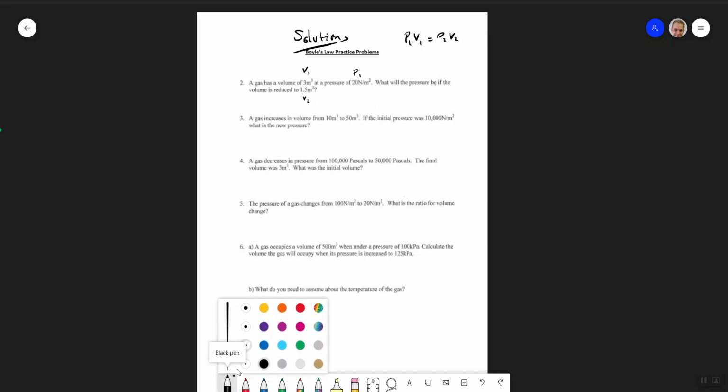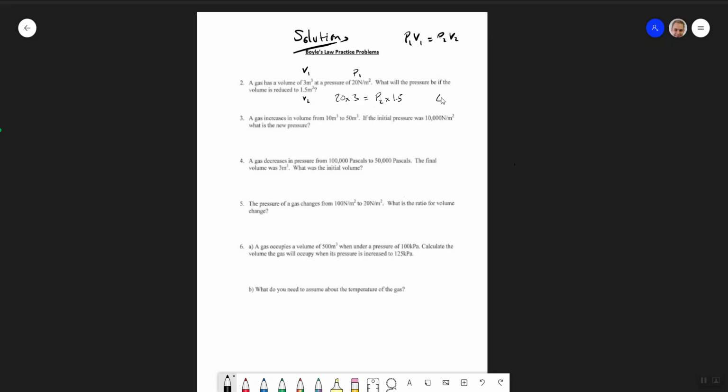So we've got 20 times 3 is equal to P2 times 1.5. So we've got 20 times 3 divided by 1.5, and we get 40. And we want to keep the units the same, Newton per meter squared.